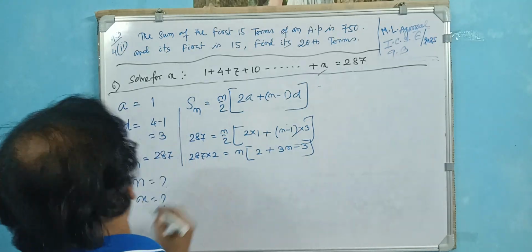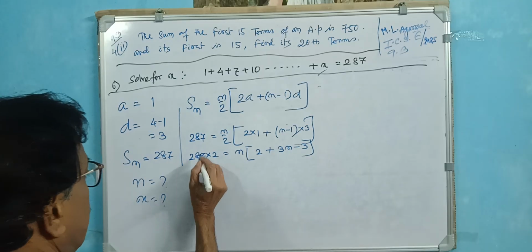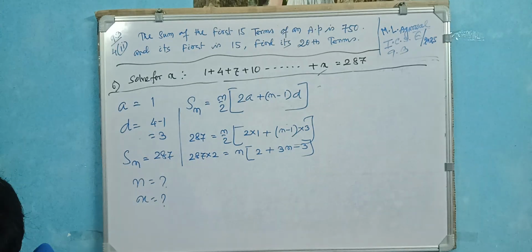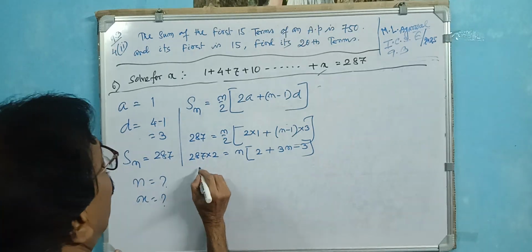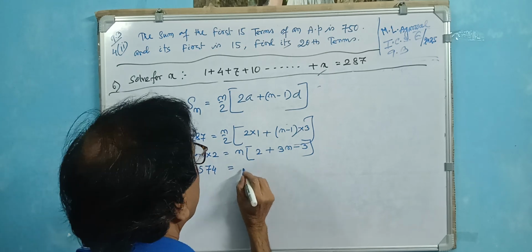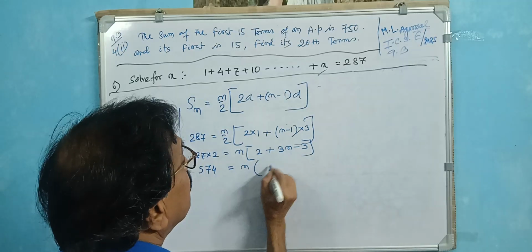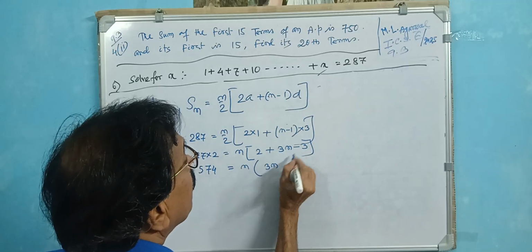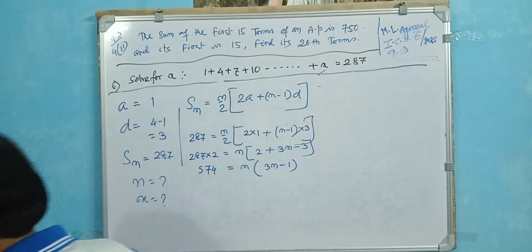So 287, 7 twos are 14, this is 574. Just calculate. This is n bracket 3n minus 1.